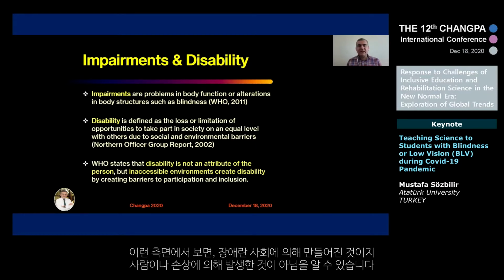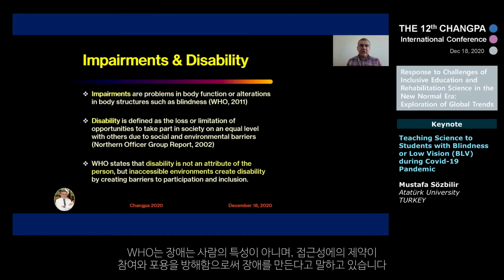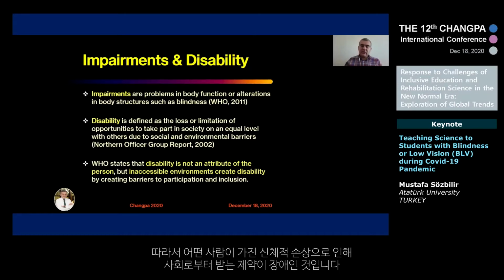In this sense, disability is actually created by society, not just by the person, not by the impairments. The World Health Organization states that disability is not an attribute of the person, but an inaccessible environment creates this disability by creating barriers to participation and inclusion. So it is actually something that's done by society due to people's impairments.